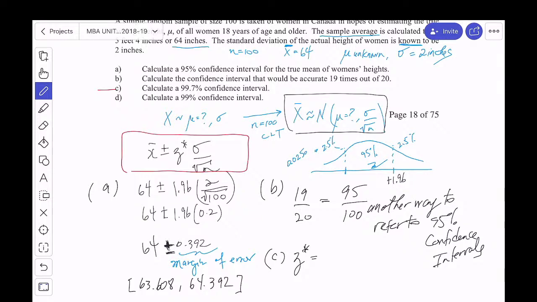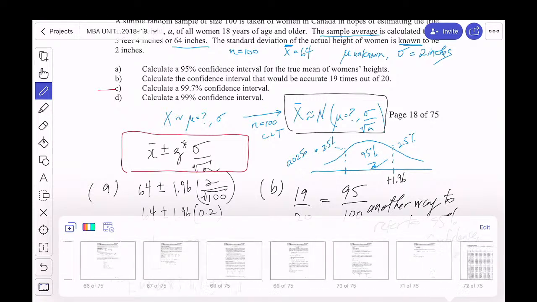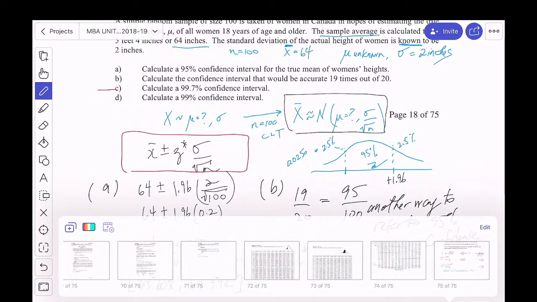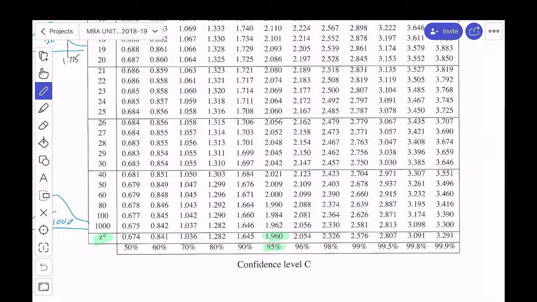And where are we going to get that from? Let's see if we have it on our table. The easiest way is to go to the T table at the bottom and see if it's there. 99 point, it's not there. So what do we do?